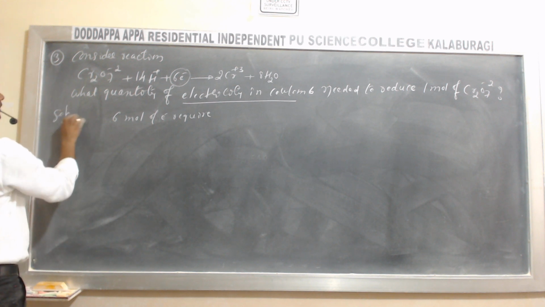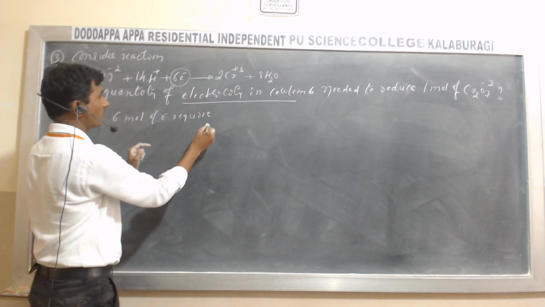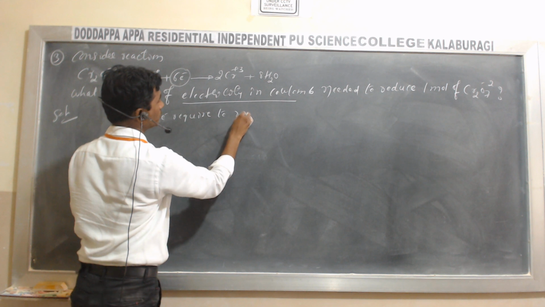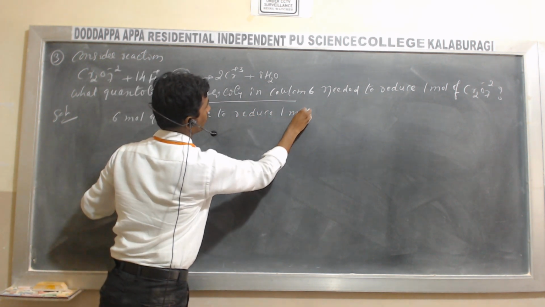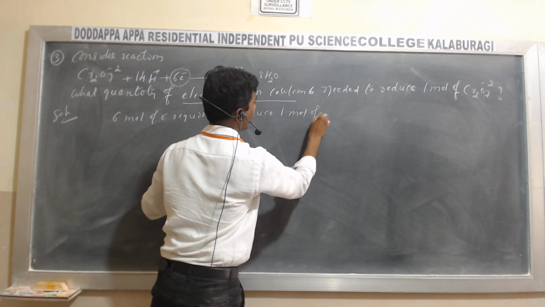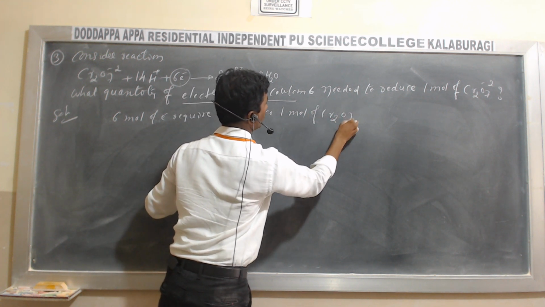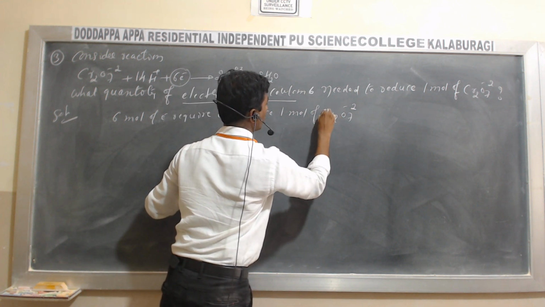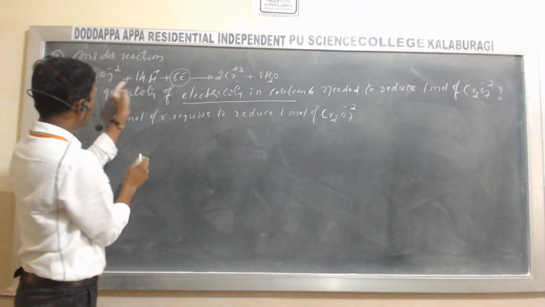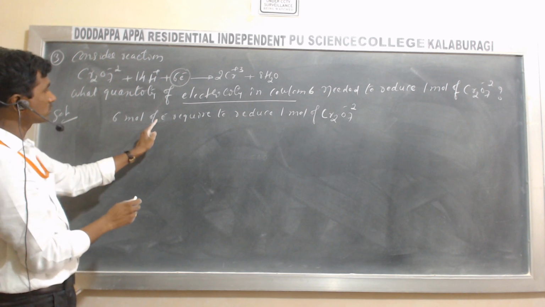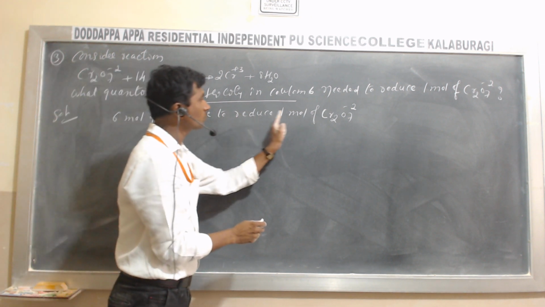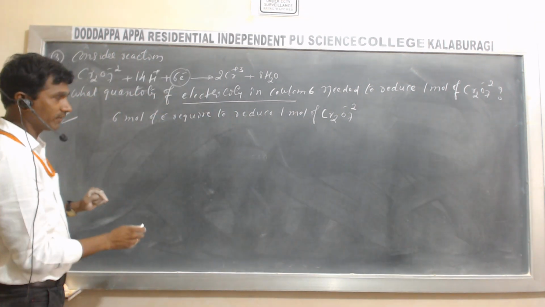Solution: 6 moles of electrons are required to reduce 1 mole of Cr2O7 2-.